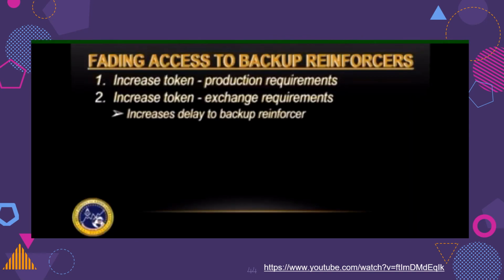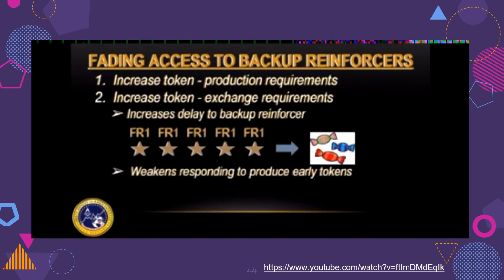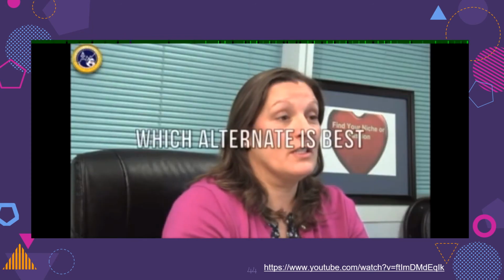Whereas increasing the exchange production schedule results in a longer delay to the backup reinforcer. So instead of having to earn 3 tokens, you now have to earn 5 tokens, which in turn weakens the responding to produce tokens early in the system because the earlier tokens signal a long delay to the backup reinforcers. So we need to look to the literature to help determine which of these alternates is best.